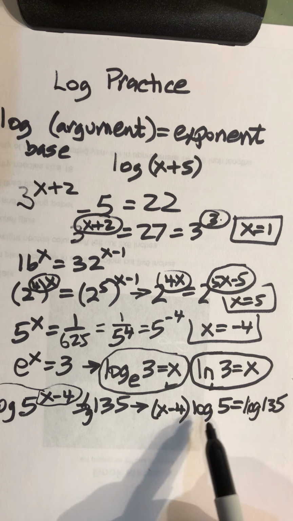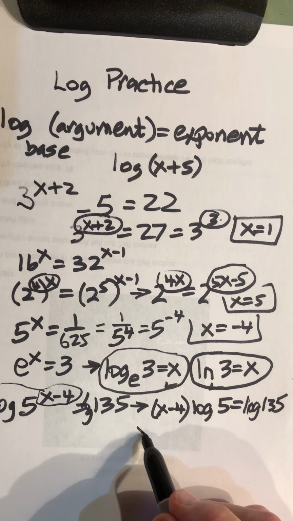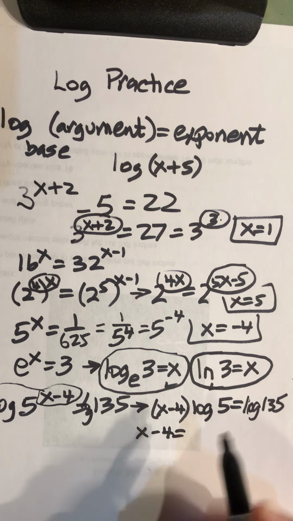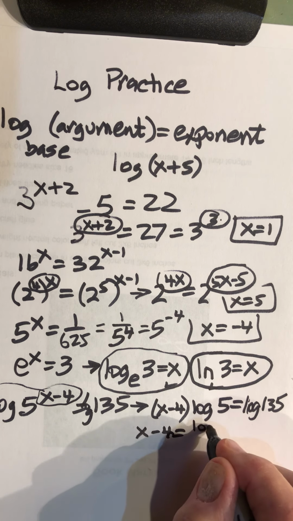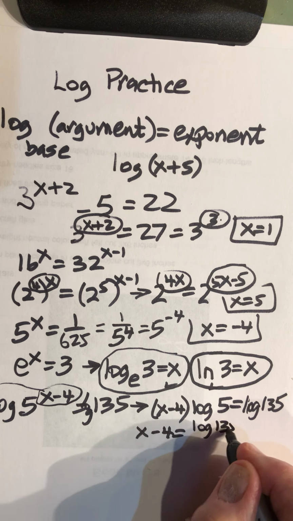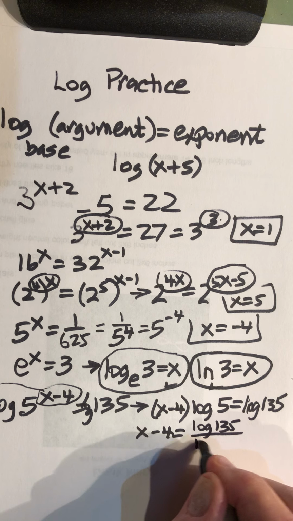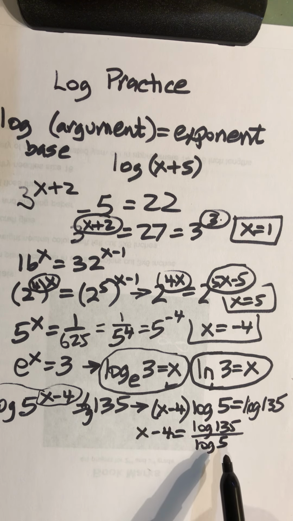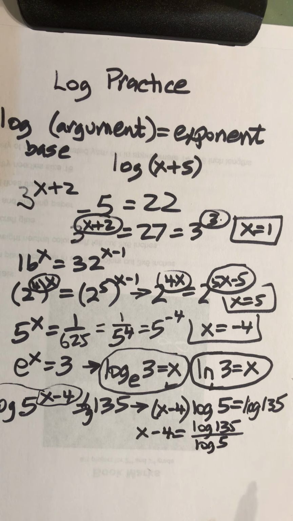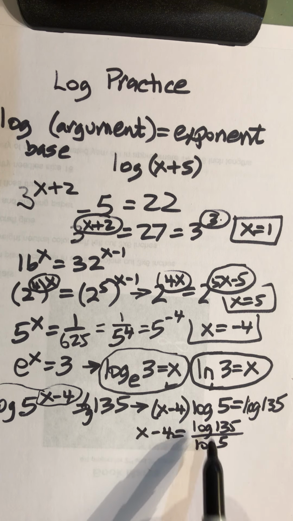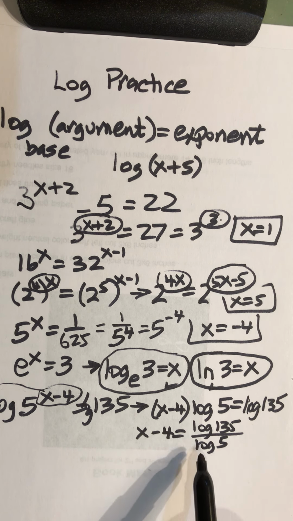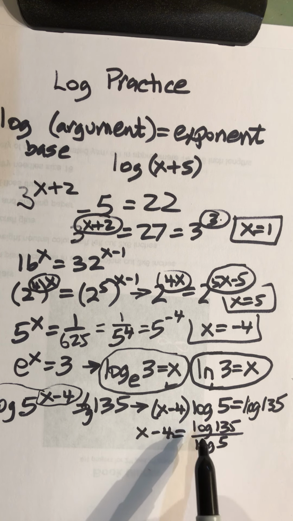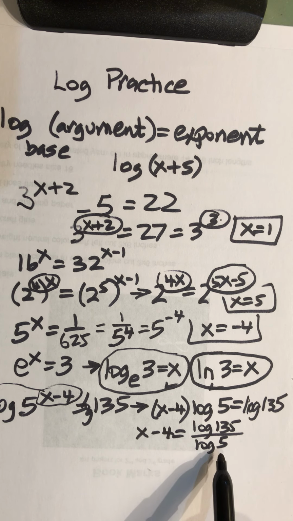Okay, now what am I going to do? Well, that means x minus 4 equals log 135 over log 5. And I can do that in the calculator. By the way, log 135 divided by log 5 is also log base 5 of 135 in your Nspire calculator.